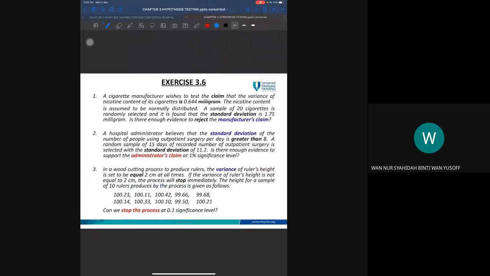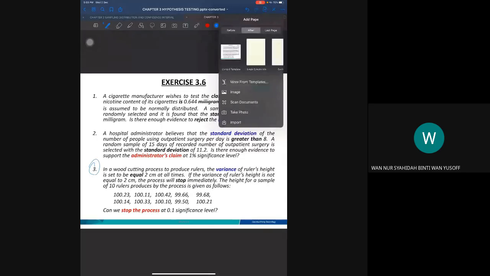Okay, let's do number 3 here. In a wood cutting process to produce the ruler, the variance of the ruler height is said to be equal to 2 at all times. What is the variable here? Ruler's height.